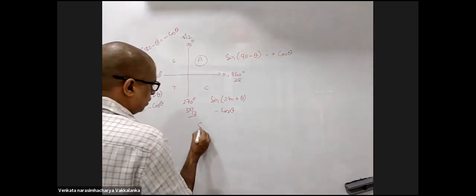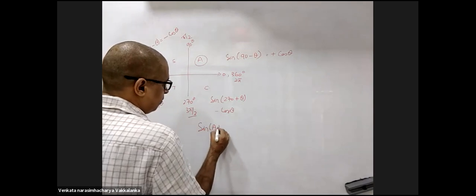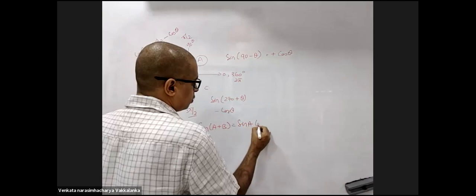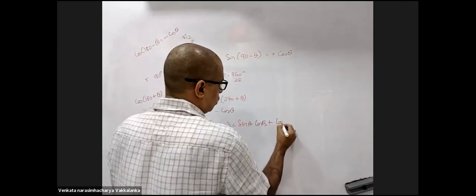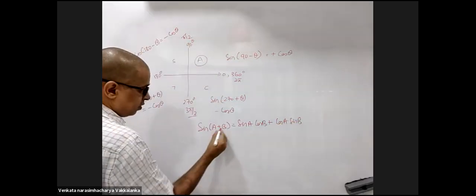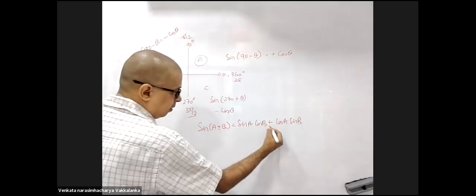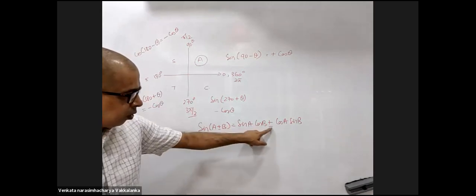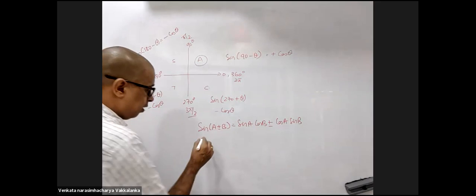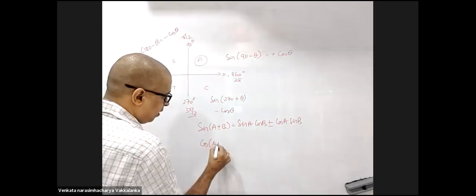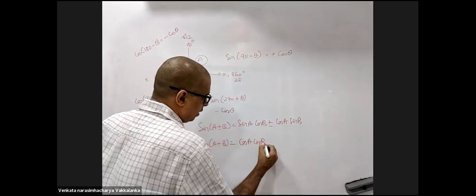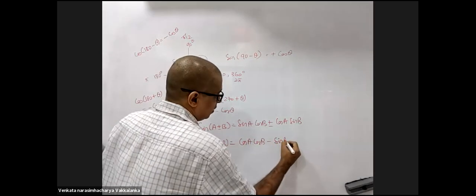Sin of a plus b will be sin a cos b plus cos a sin b. You are not supposed to forget this. Sin a minus b will be sin a cos b minus cos a sin b. Cos of a plus b will be cos a cos b minus sin a sin b.